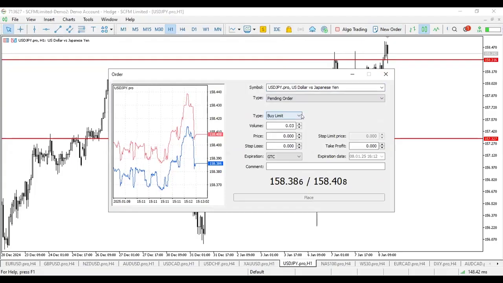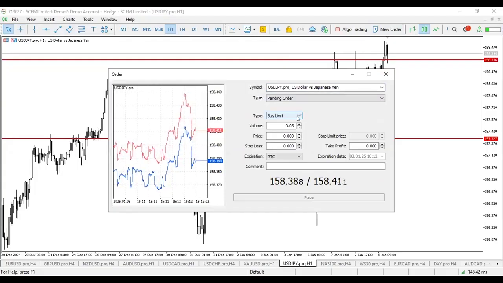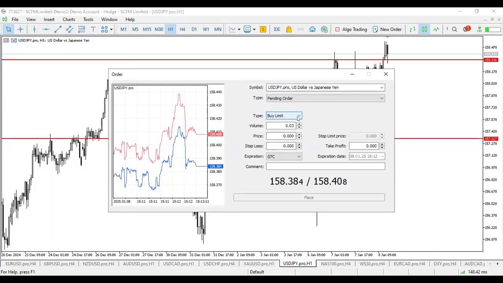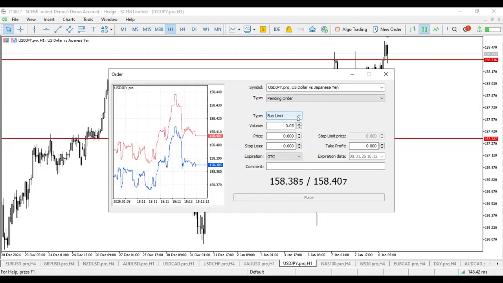Then you have a buy limit. We use the buy limit. The buy limit is the one that you place below market price, because you anticipate that price will drop, activate that order, then reverse and keep going higher. So in this case you have this buy limit here.